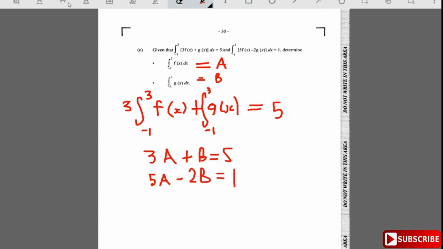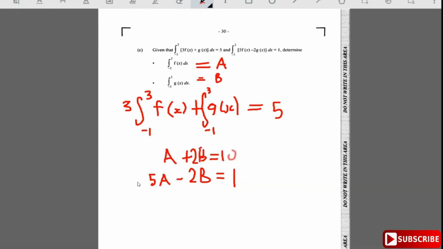Multiply the first equation by 2, which will become 6a plus 2b equal 10.